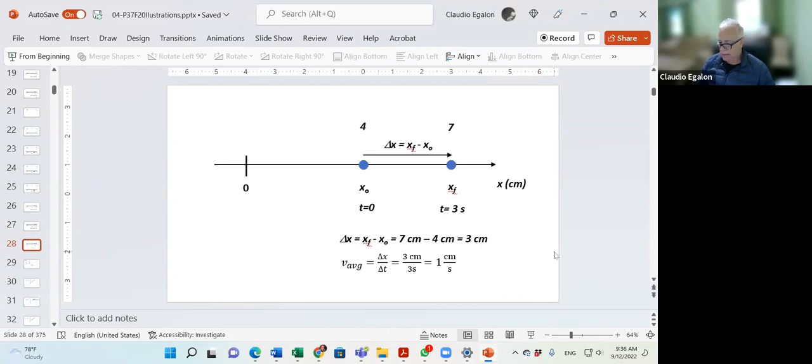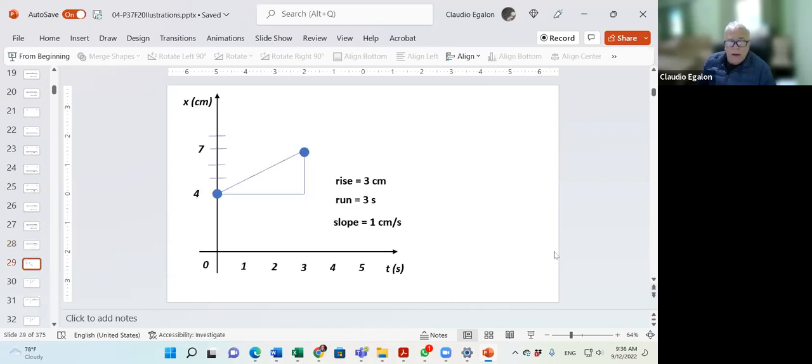Let's go a few more minutes here. Now, this one here is another graphical representation of the position versus time of my object. So let's do, again, a movie, step by step.